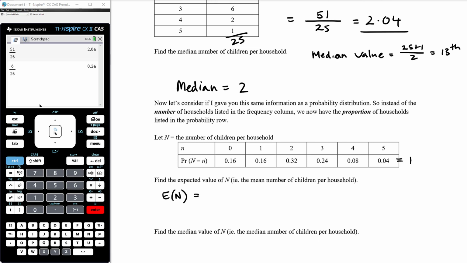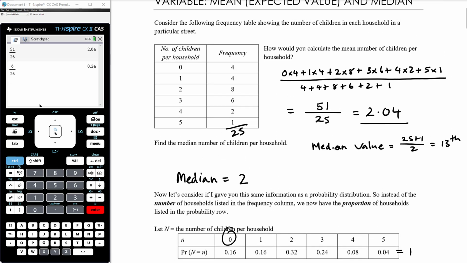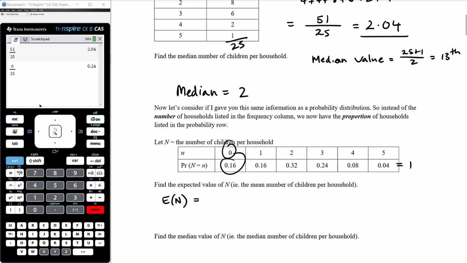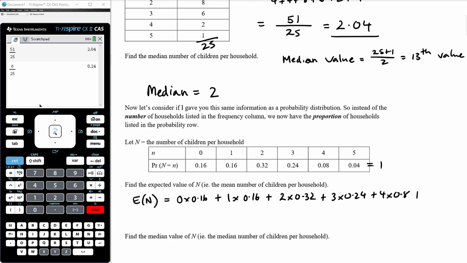But we still need to do the number of children times the probability. So we did this times this and added them all up. We're going to do exactly the same thing in the probability distribution. So it's going to be 0 times 0.16 plus 1 times 0.16 plus 2 times 0.32 plus 3 times 0.24 plus 4 times 0.08 plus 5 times 0.04.